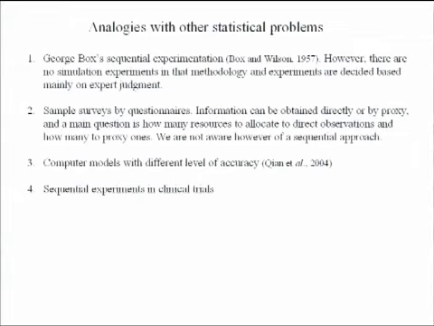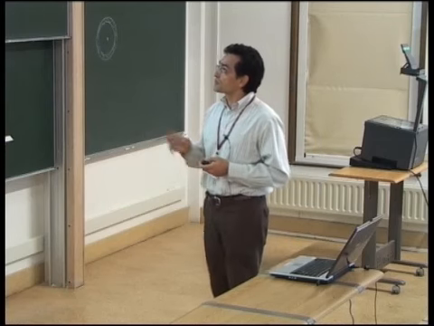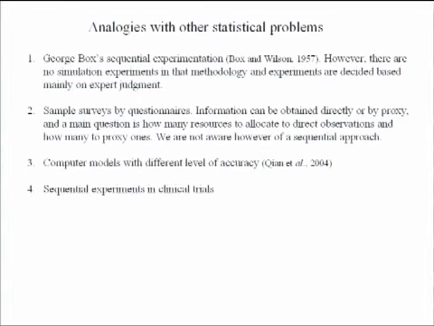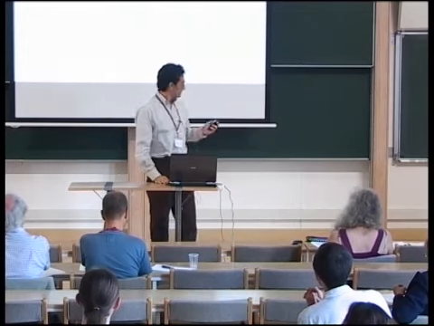Also, sample surveys are a field of interest, because there is information which can be taken directly or by proxy, and an important problem is how to allocate resources, runs, on the two waves of investigation. Of course, there is no sequential approach there. Computer models with different levels of accuracy, we have seen in the first presentation today, but it's only computer there. Sequential clinical trials I've already mentioned.